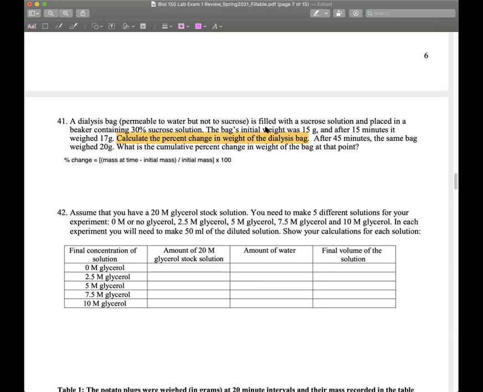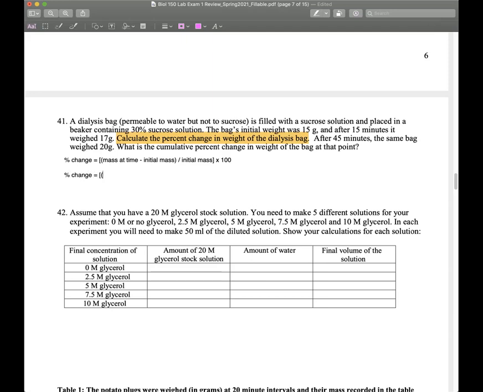So, okay, we have an initial weight of 15 grams, so our initial mass is 15. After 15 minutes, it weighs 17 grams. So that's how we're going to set up our first calculation.